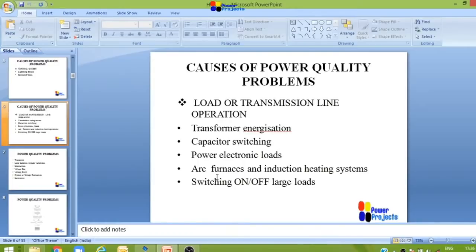And the usage of arc furnaces and induction heating systems are also causes of power quality problems. And switching on or off large loads definitely causes power quality issues. So all these are the causes of power quality problems due to the operation of load or transmission line.